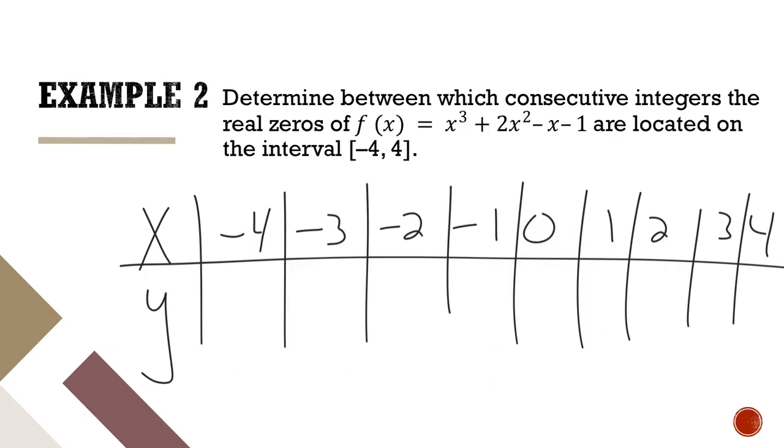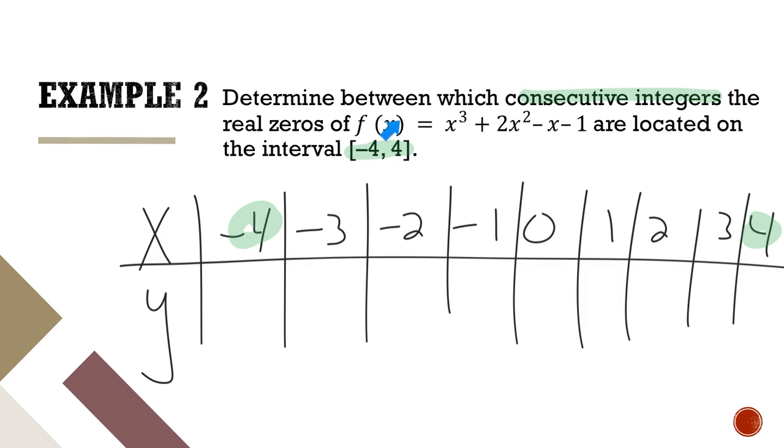So another example, again, I put this in already. We're going from -4 all the way up to 4, and it's consecutive integers. Consecutive is one after the other, and integers means those nice numbers, both positive and negative. And then we just have to plug those into this function and see what we get. Is it positive or negative?